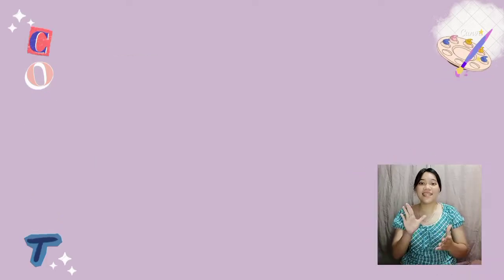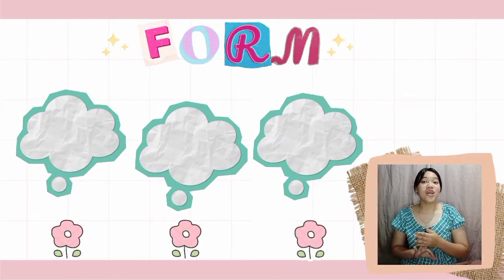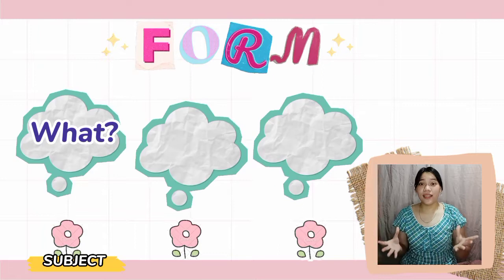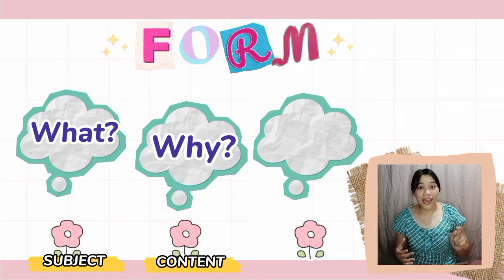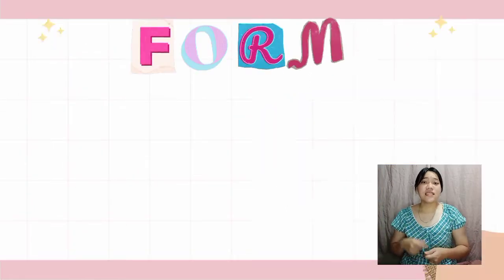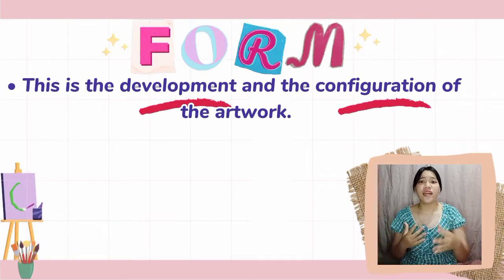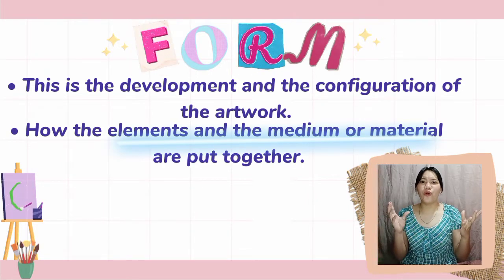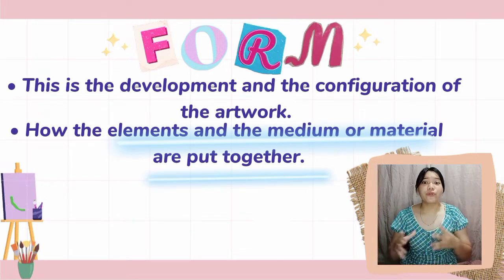Now let's discuss the last component, which is the form. If the subject is the what and the content is the why, then the form is the how. This is the development and the configuration of the artwork, how the elements and the medium or the materials are put together.